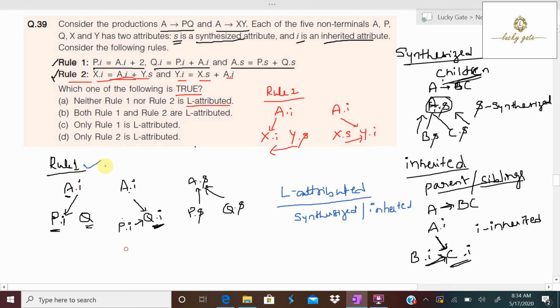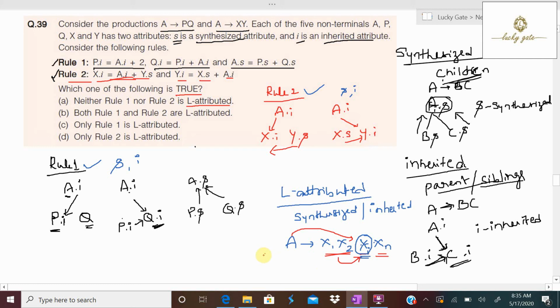In both rule 1 and rule 2, it has both the synthesized attribute S and the inherited attribute I. And the second condition is, if we have a production of the form A tends to x1 x2 ... xn, then the semantic rule for some xi is to be computed from its parent and the siblings that are to the left of that xi, not to the right of xi.